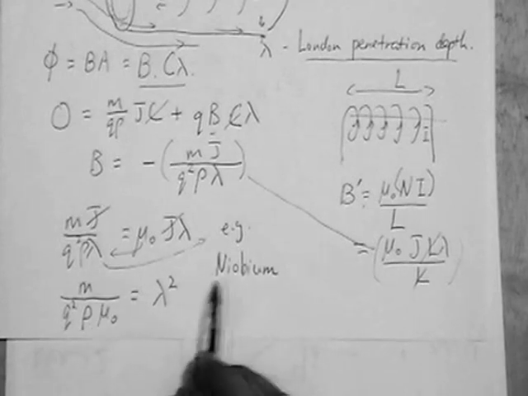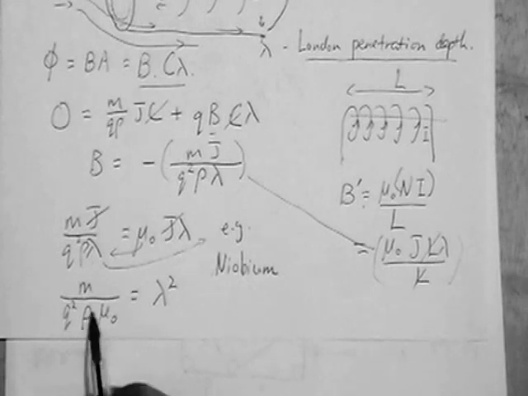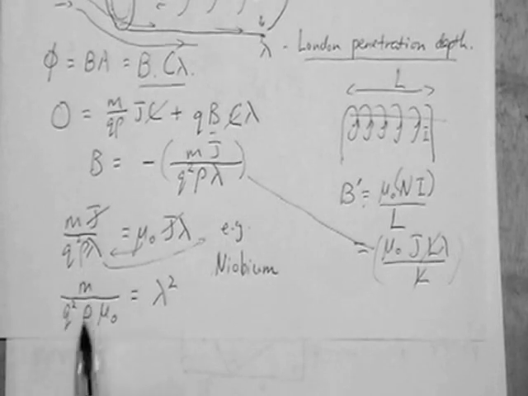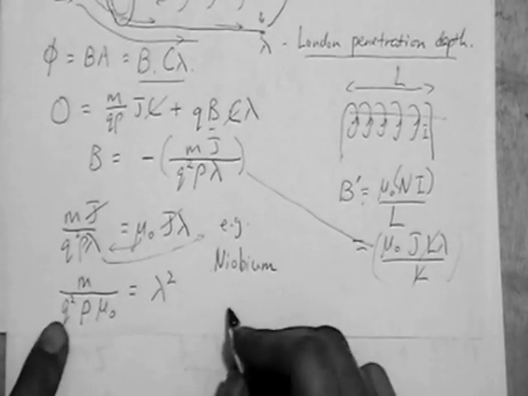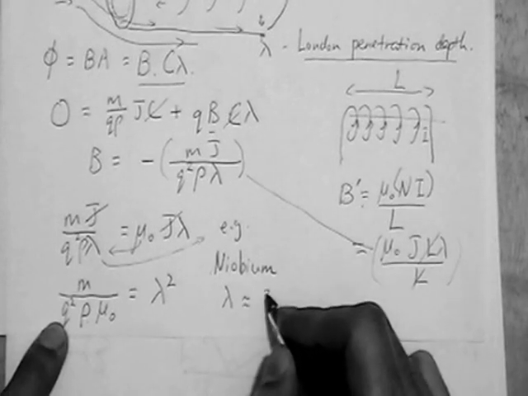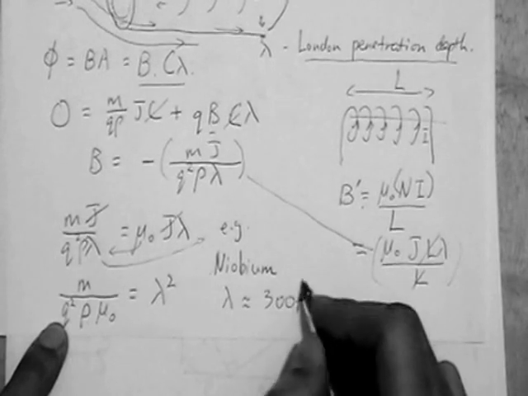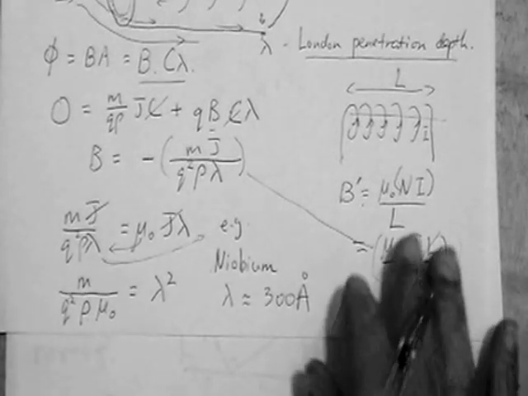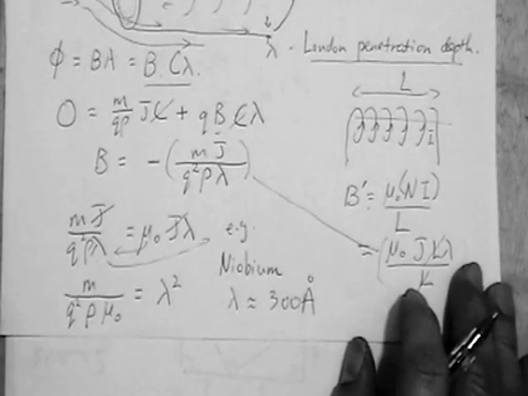Alright, then if there is 1 mole of conduction electrons, we can then find the number density rho, and the m would just be the mass of the electron, q the charge. So therefore, we can actually find all these numbers, and if we go through the calculation, that would give a typical value for the penetration depth of about 300 angstroms. Okay, so that finishes this topic on penetration depth.